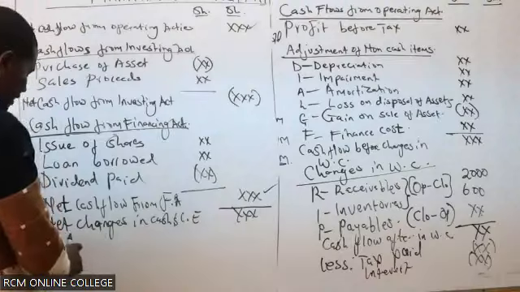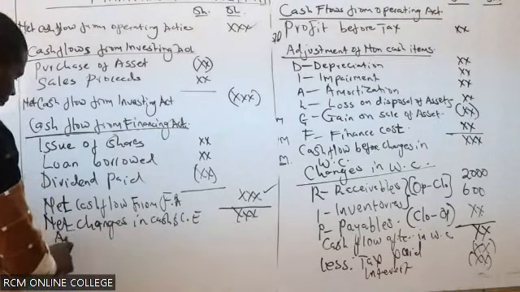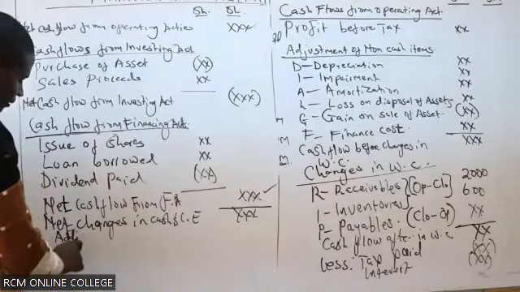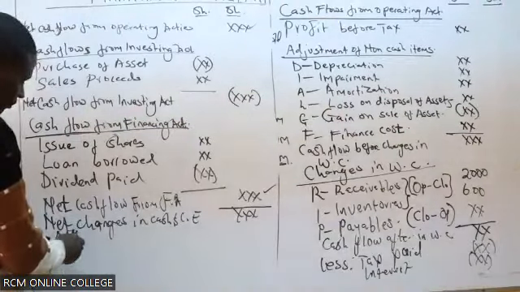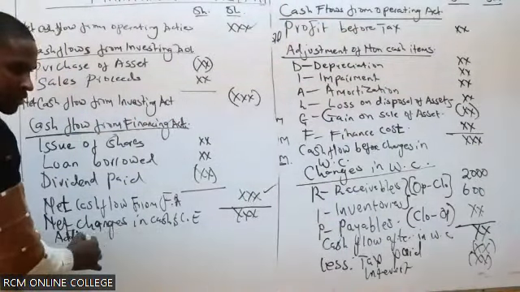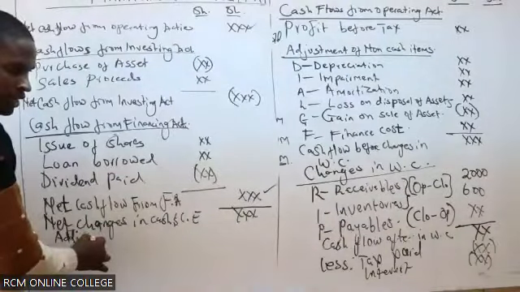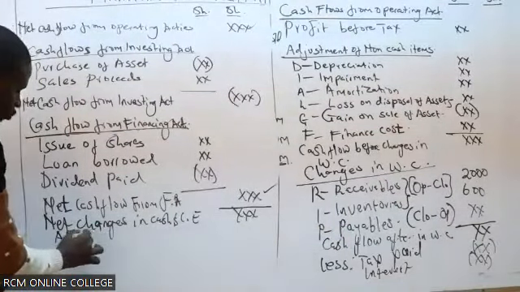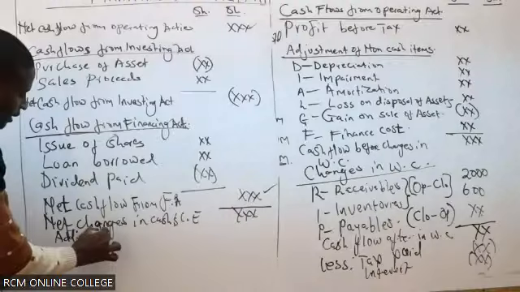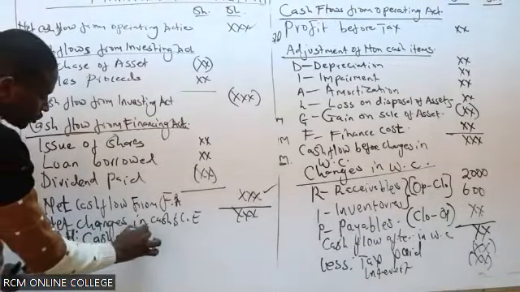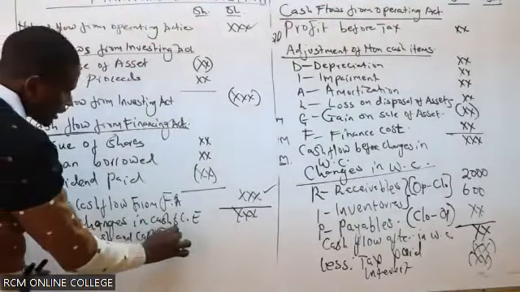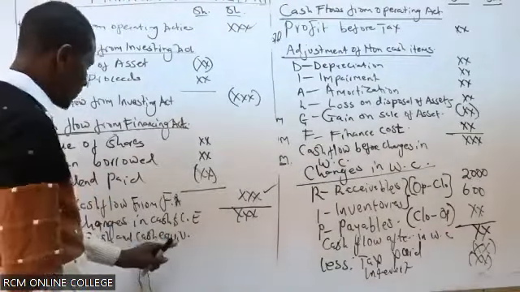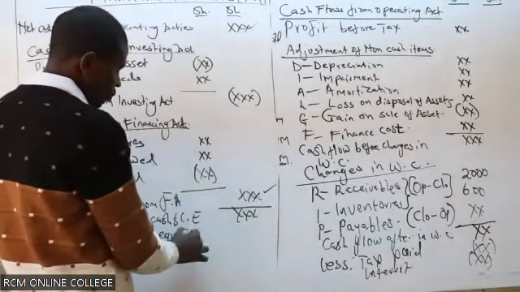Now, the last thing here is we add cash and cash equivalent. Thank you. So you add cash and cash equivalent to what was brought down.